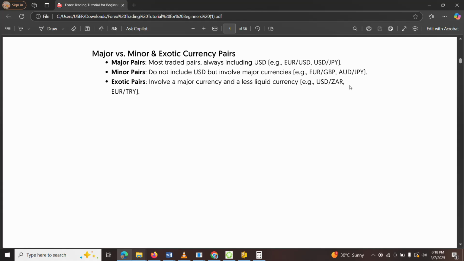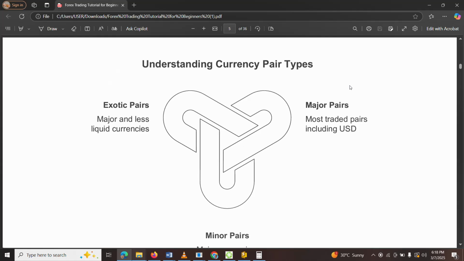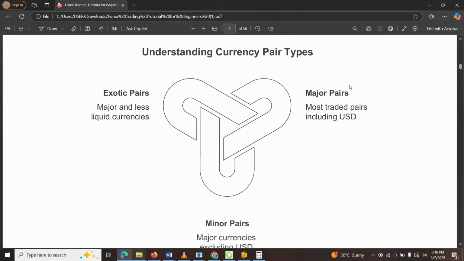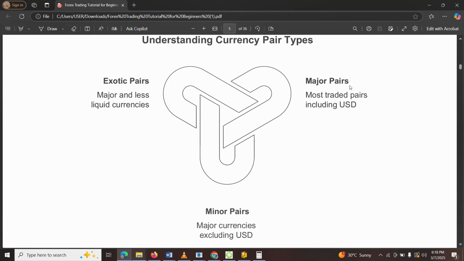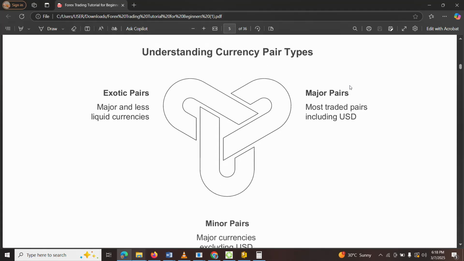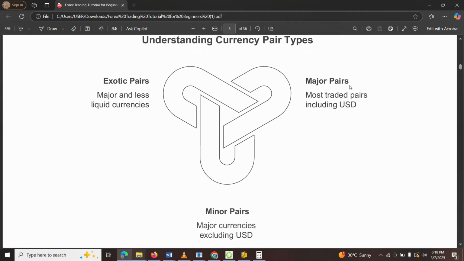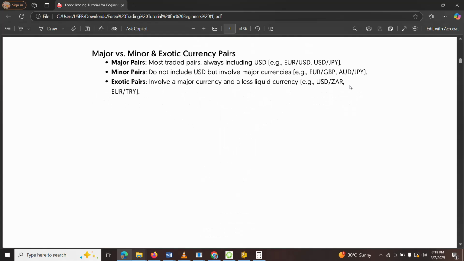When you familiarize yourself with this, you will be able to know what these pairs mean. This is just to help you understand the currency pair types. They are defined into three: exotic pairs, the major pairs, the minor pairs, like I've explained in the previous slide.